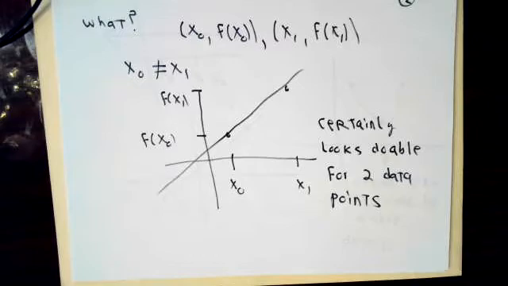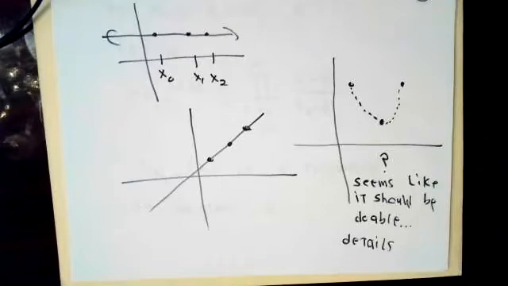For example, if you had only two data points, x0 f of x0 and x1 f of x1, obviously you can draw a straight line that connects the 2 points, so this certainly looks doable for 2 data points. If you have 3, the situation is seemingly more complicated. If all 3 points had the same y coordinates, the same function value, then obviously you could do this with a straight line, a horizontal straight line, in fact.